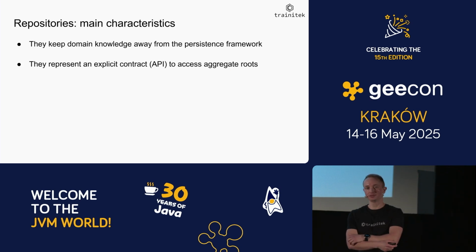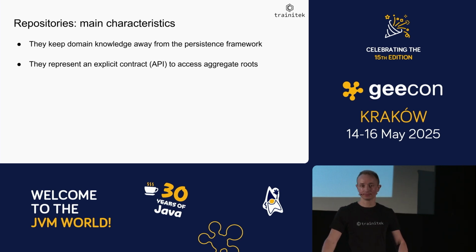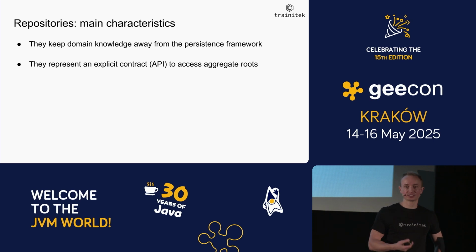Now let's talk a bit about repositories. So the main characteristics of the repositories is that they keep domain knowledge away from the persistence framework. So usually they're just small interfaces, and they represent an explicit contract to access aggregate roots.